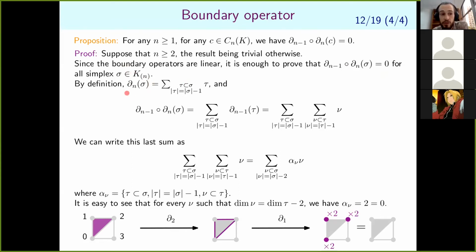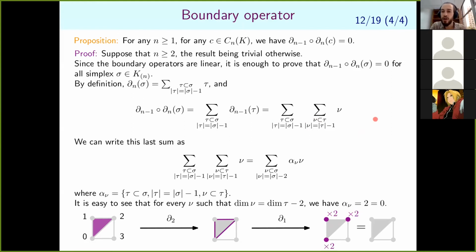I defined the boundary of sigma as the sum of all its faces of codimension 1. And I define the boundary of a chain as the chain of the boundaries of its simplices. So the boundary of the boundary is equal to the sum of boundaries of all the faces. And the boundary of a face is also the sum over all the faces of the face of codimension 1.